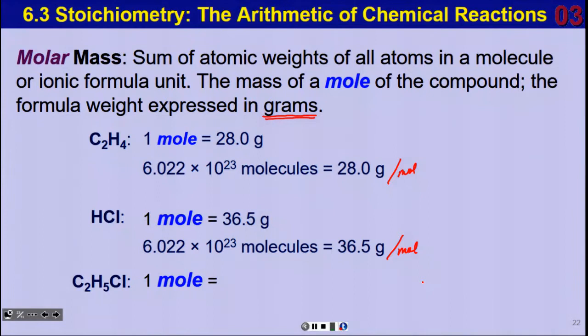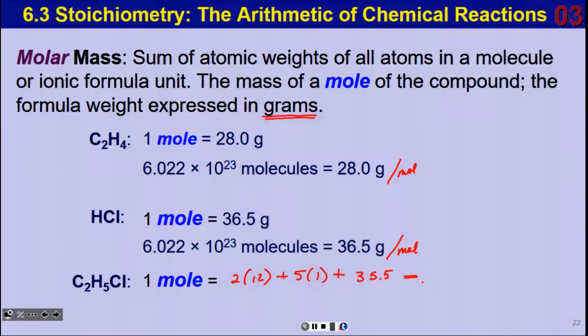The product of the reaction we were looking at is going to be a sum of the two, because the two combine to make the product. So 1 mole is going to be 2 times the mass of carbon, which is 12, and 5 times the mass of hydrogen, which is 1, plus 1 times the mass of chlorine, which is still not a hard number. It is going to be 35.45, or let's just call it 35.5.